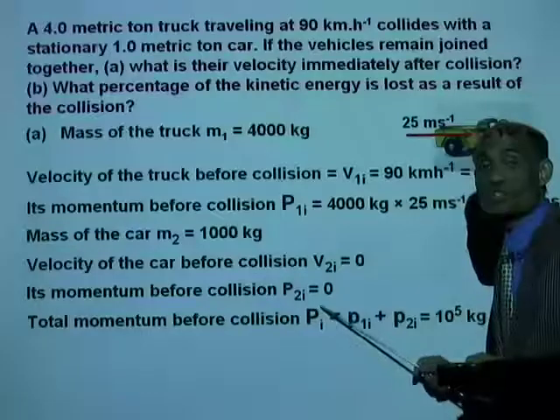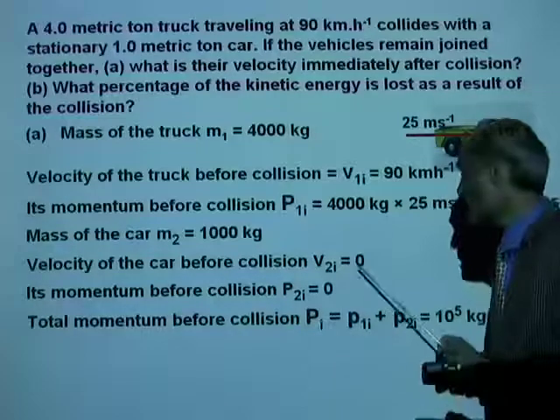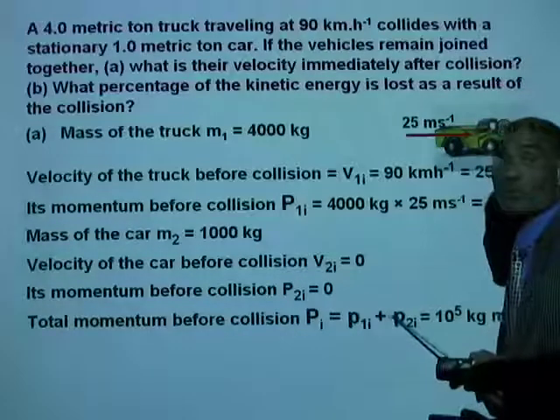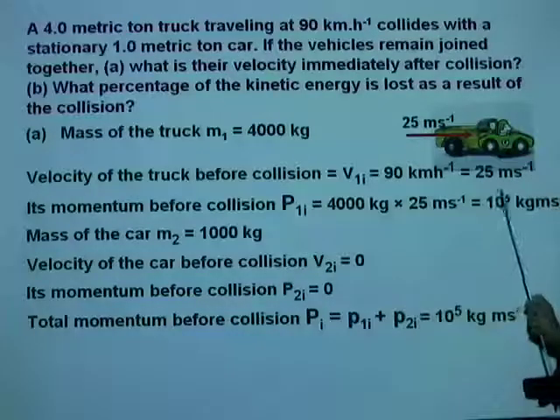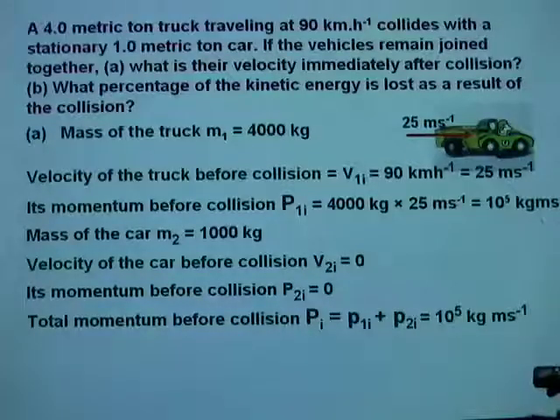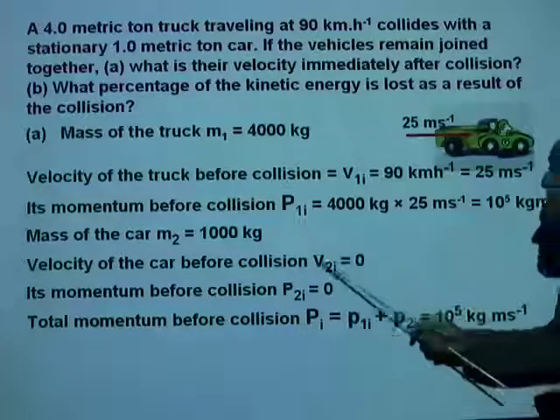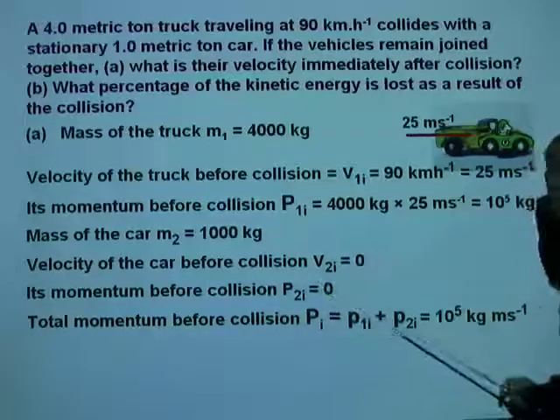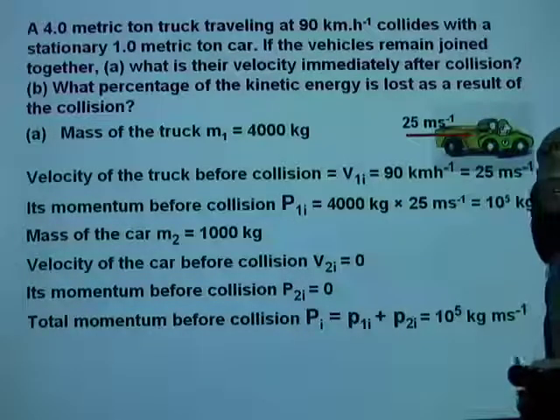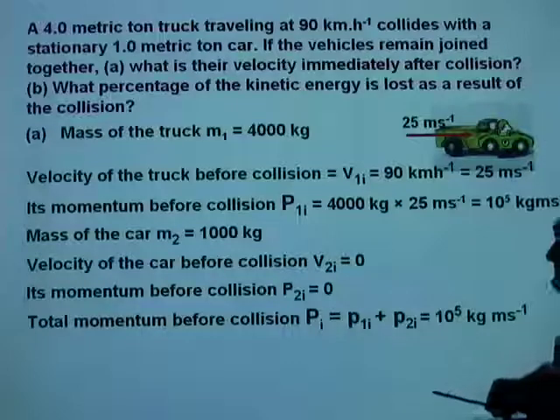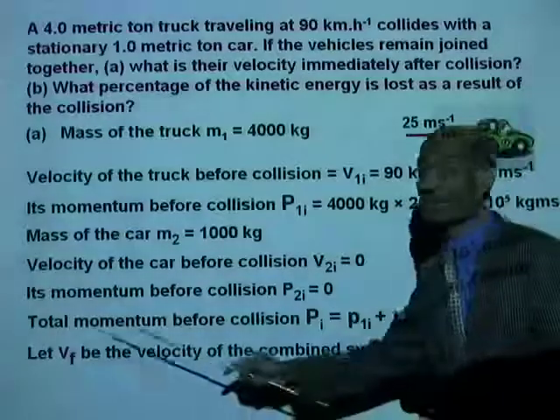Pi, the initial momentum of the system, is P1I plus P2I. P1I is 10 to the power 5 kilogram meters per second. P2I is 0, therefore the total initial momentum is 10 to the power 5 kilogram meters per second. Alright?